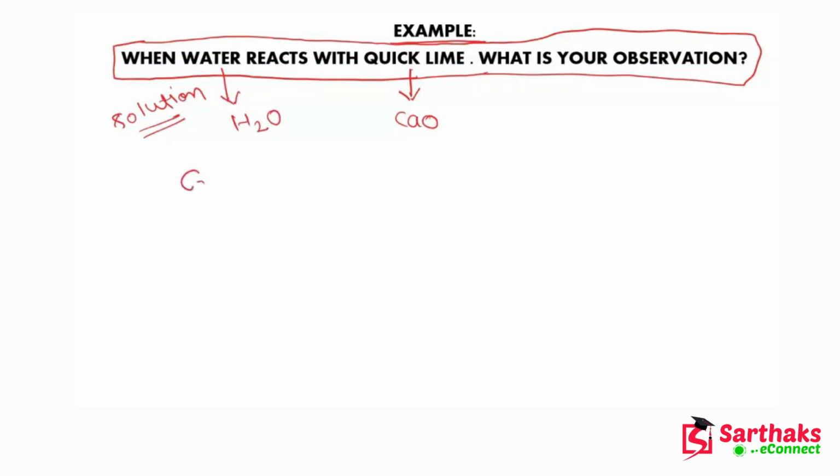Okay. So when this quicklime reacts with water, it will give us calcium hydroxide. This is a very famous reaction. I explained this reaction twice, so that's why you should know about this reaction. Okay. So this is calcium hydroxide.